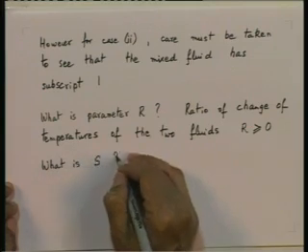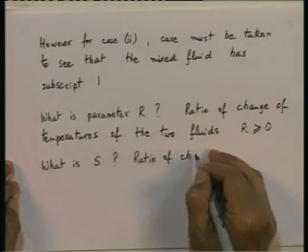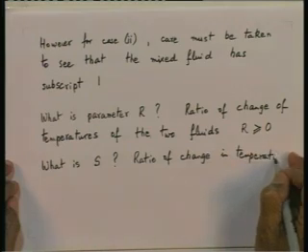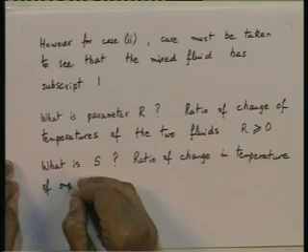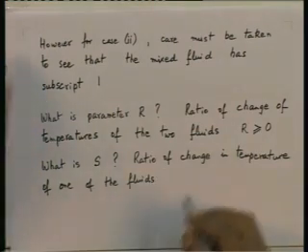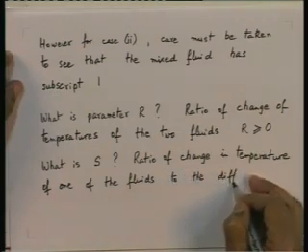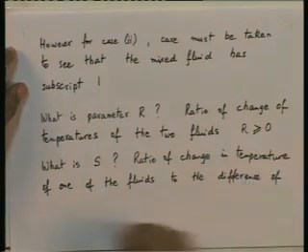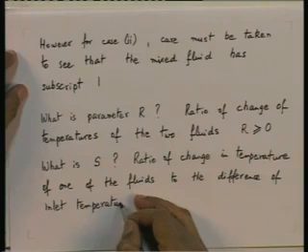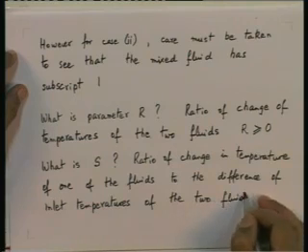What is S? The parameter S, the second dimensionless quantity, is the ratio of change in temperature of one of the fluids to the difference of inlet temperatures of the two fluids, THI minus TCI.